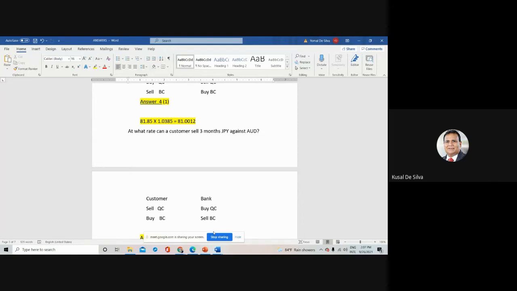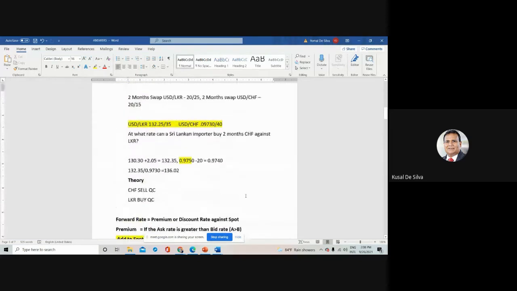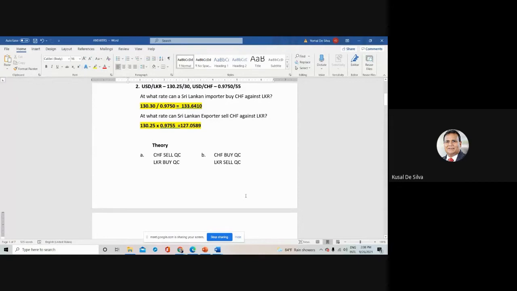But they may not physically go and calculate all these things. They may have sophisticated calculators, so they may get the cross currency rate instantly. But I want to share with you the basis on which these cross rates are calculated. Then you will have an understanding. In Sri Lanka, our LKR is always quoted against USD.